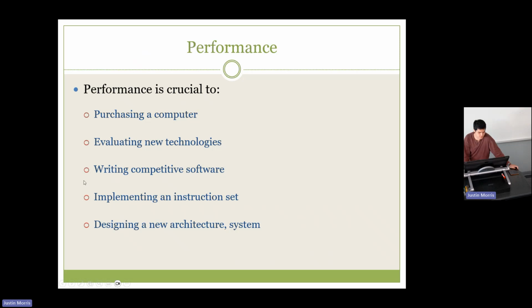So we need to be able to write competitive software. And as computer architects, when we're implementing an instruction set, we need to know how to increase performance. And if we're designing a completely new architecture, we definitely need to keep performance up. Okay.